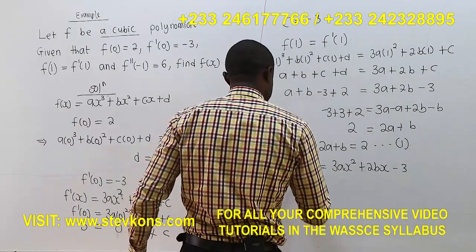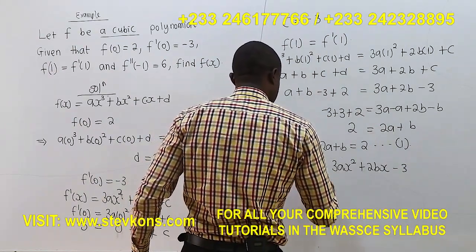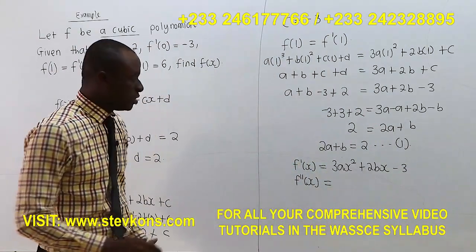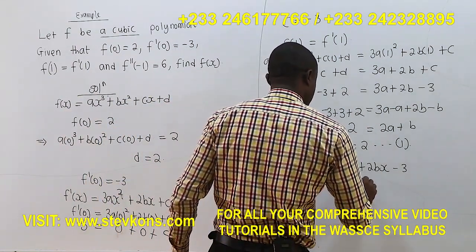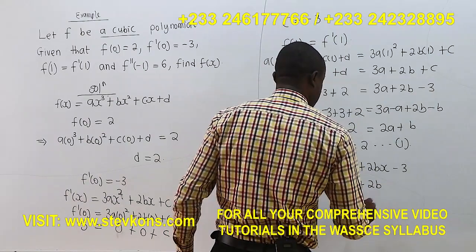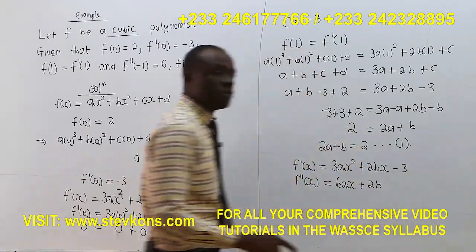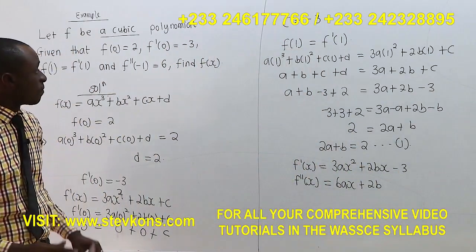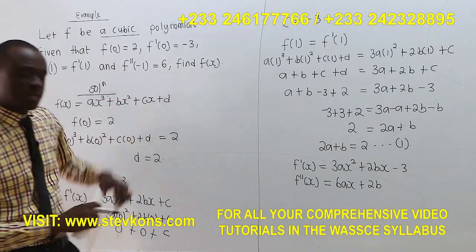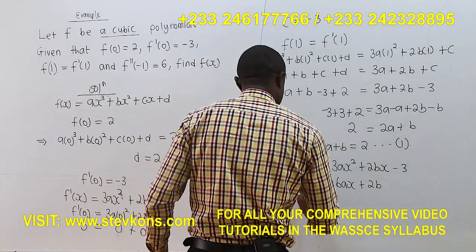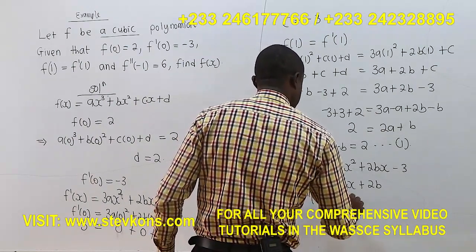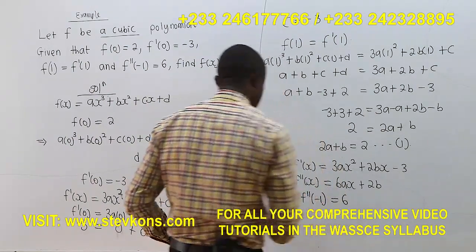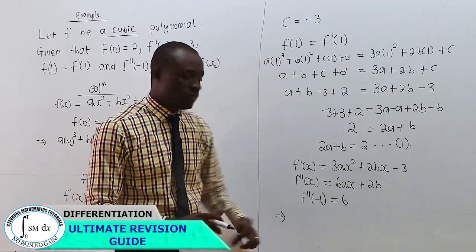Now, let's find the second differential. When you differentiate the second time, this is 6ax plus 2b. And when you differentiate a constant, we get 0. Now, f prime prime of negative 1 is 6. So wherever I see x, I'll put negative 1 here.